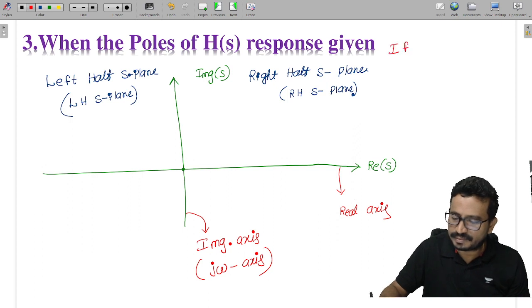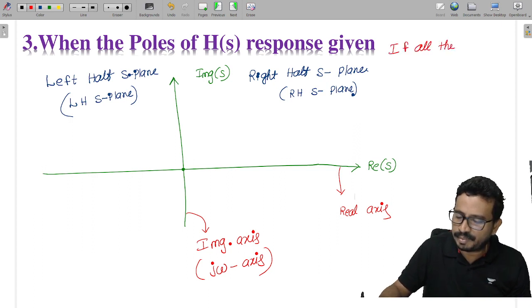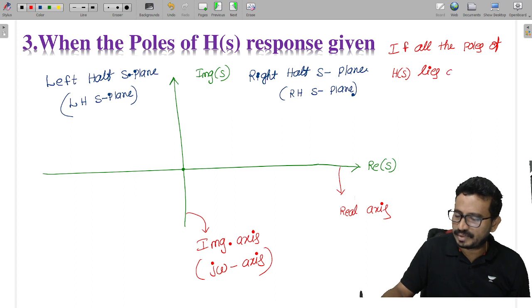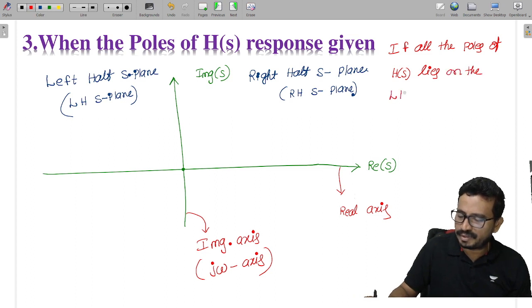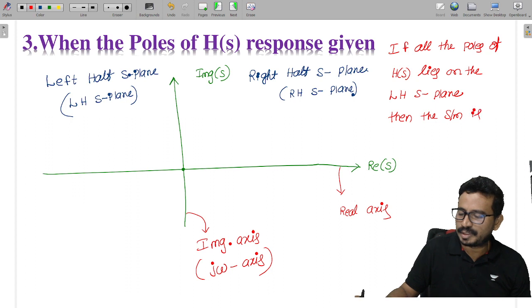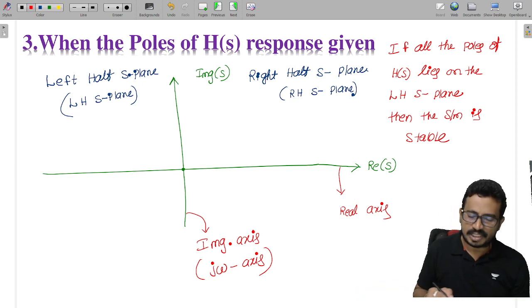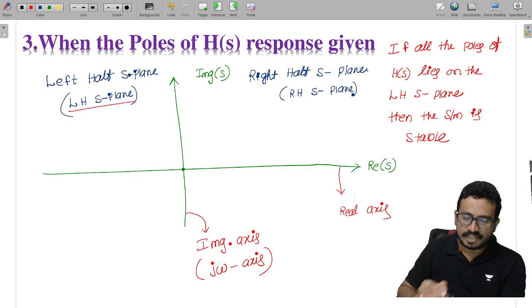If all the poles of the transfer function H of S lie on the left half S plane, then the system is stable. All the poles must lie on the left side only.